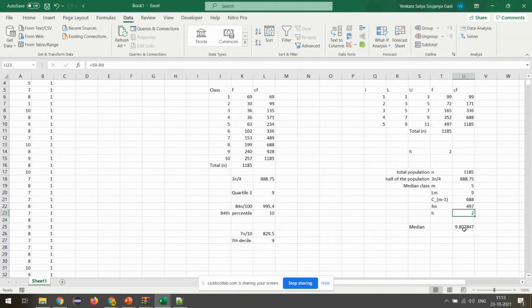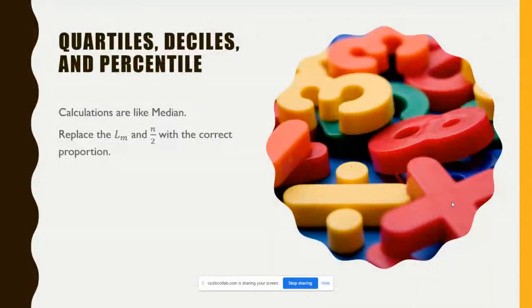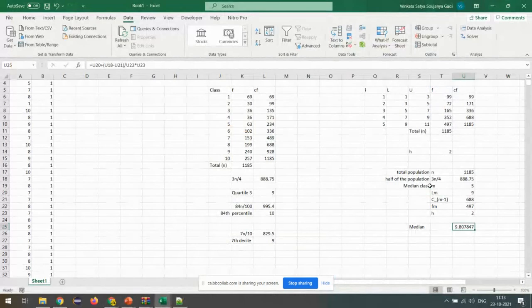You see, the answer is not very accurate. It's an estimate. So we calculated this result from the grouped data. So that's how we can calculate percentiles, quartiles, and deciles in grouped data.